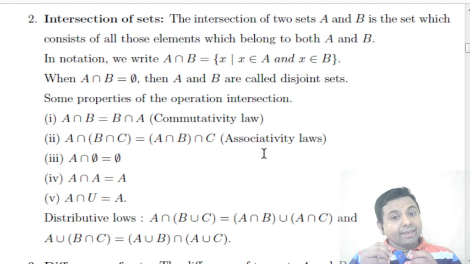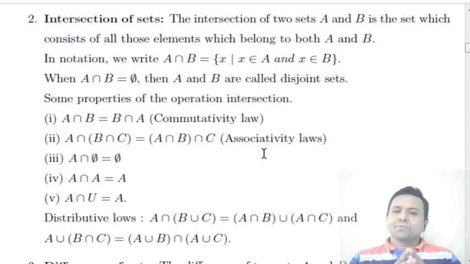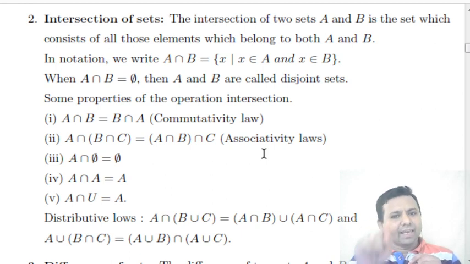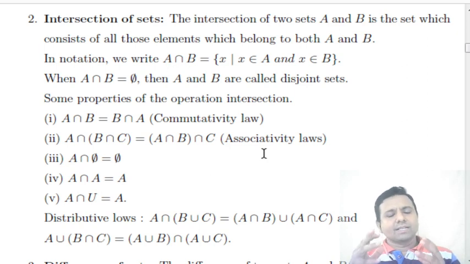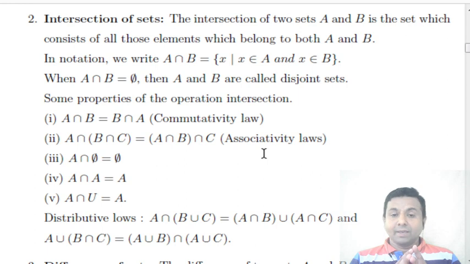A intersection with the empty set: the element must lie in both A and the empty set, but the empty set has no elements, so A intersection phi equals phi. A intersection A is A itself. A intersection with the universal set is A.